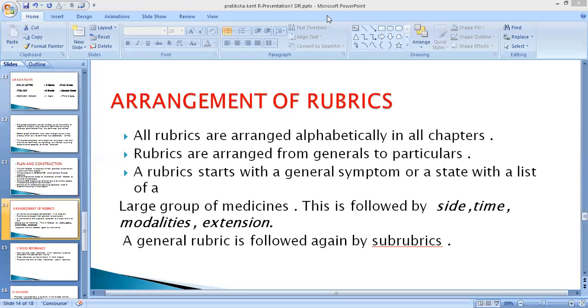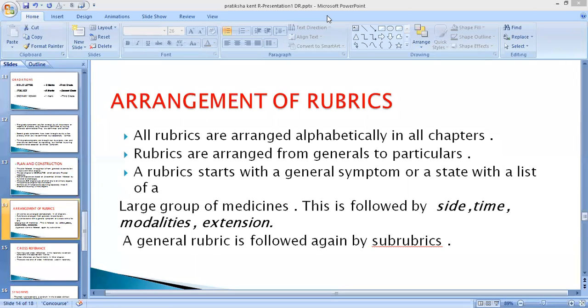While arranging the modalities, Dr. Kent followed a proper sequence. In those modalities, first we find all the aggravating factors, and then we find all the ameliorating factors.